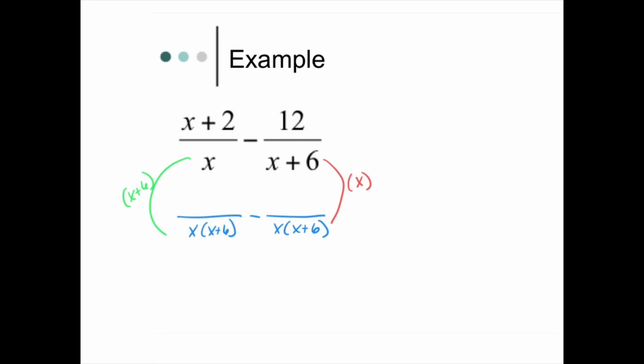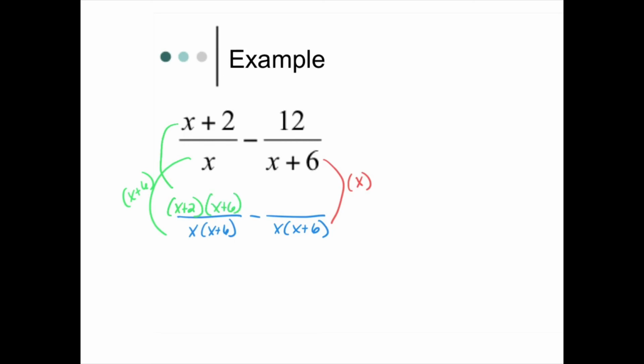As you can see, our common denominator now is x times x plus 6. To get our x to be x times x plus 6, we need to multiply it by x plus 6. What I do to the denominator, I must do to the numerator. So my numerator is going to become x plus 2, that quantity, times the quantity x plus 6.